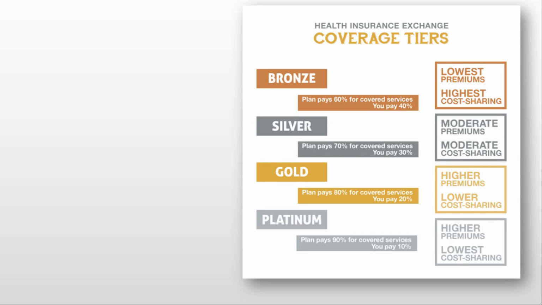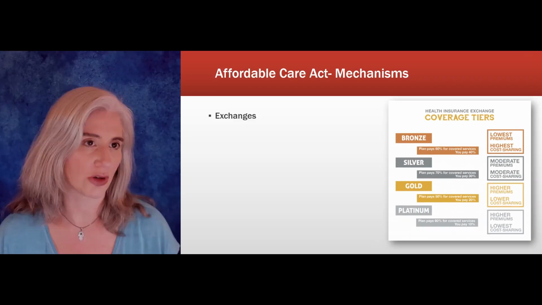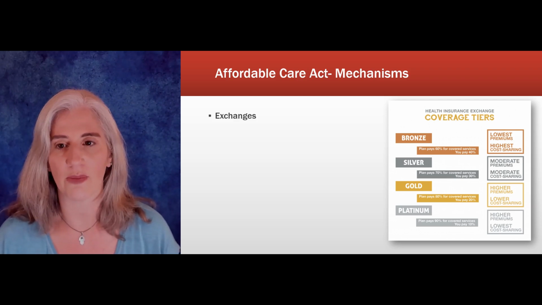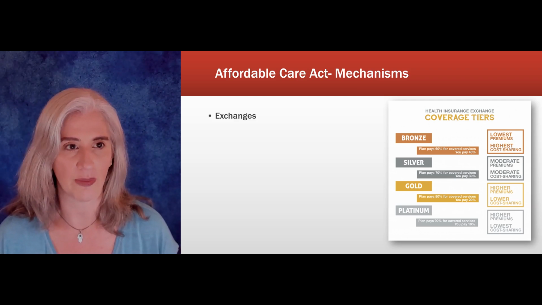There's also a catastrophic plan, which had very high deductibles, but it was only available to those under 30 and select groups. Though these plans made healthcare affordable for many Americans who had previously been unable to obtain coverage or couldn't afford the coverage they could get, they were more expensive than the bare bones plans that people had used in the past.